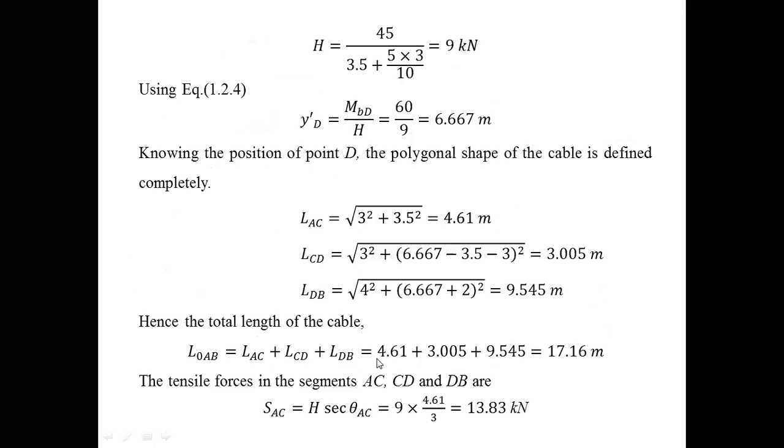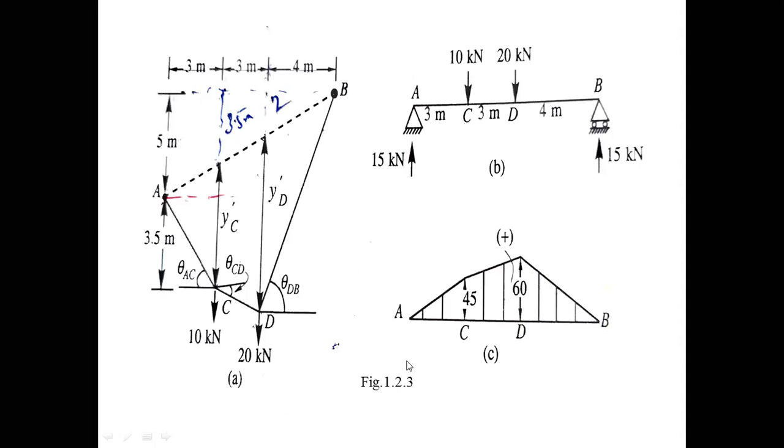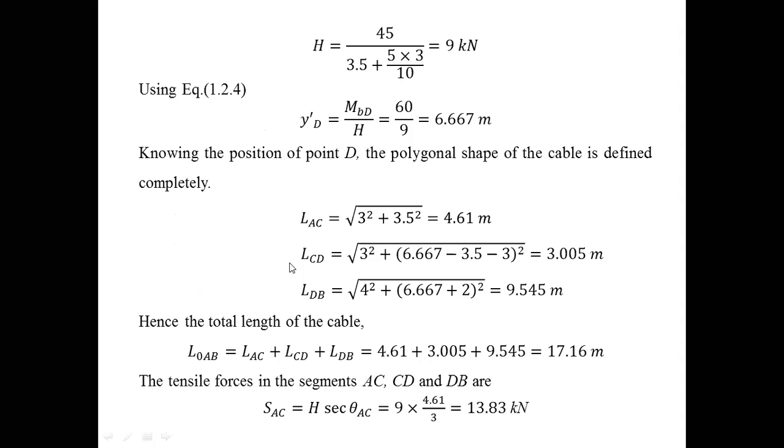So to connect the cable from A to B point from this problem, how much length of the cable is required? 17.16. అంతేగా, A to B హారిజాంటల్ గా 10 meters ఉంది కాబట్టి 10 meters కేబుల్ సరిపోతుంది అనుకోవడం మూర్ఖత్వం అన్నమాట. సో 17 meters to carry the loads, 10 kilonewton, 20 kilonewton at point C and D. How much length is required means 17.16 meters length of the cable is required.